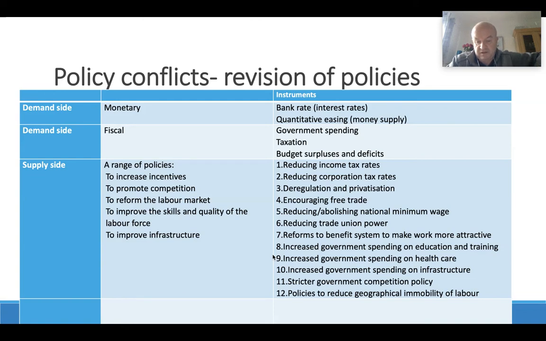Some of them are clearly free market, some of them are interventionist, and we've looked at how those things split based on the work that we've done previously on supply side, both free market and interventionist. So that's quite a nice summary and revision of policies that you could use in order to influence both the demand side of the economic equation and also the supply side.